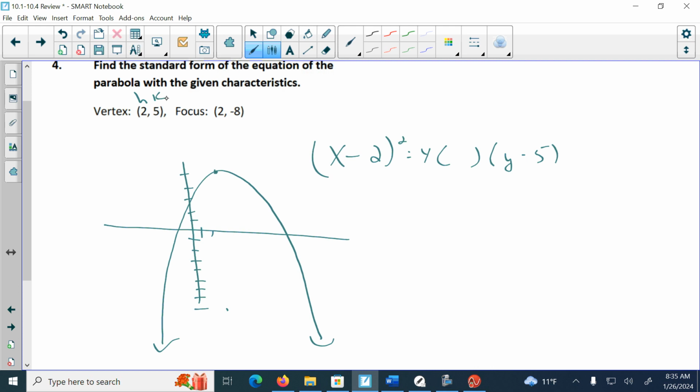Okay. Now to find p, it's the distance between this 5 and this -8, which is going to be 13. And since it's opening down, I'm going to make that a -13. So this will be x minus 2 squared is equal to -52 times y minus 5.